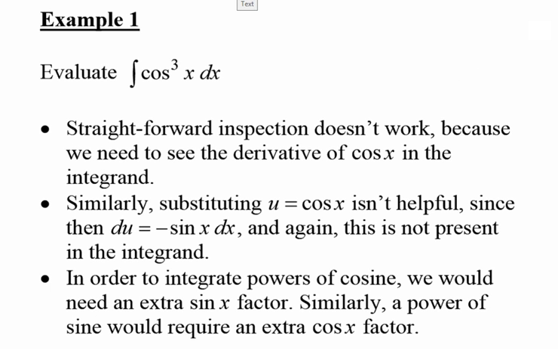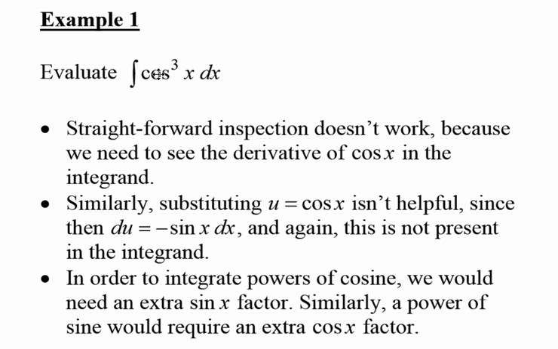Now in this example it says you want to evaluate the integral of cos cubed x dx. Now you may try the tools that you already have, like inspection. But it doesn't work, because in order to use inspection you need to see a composite function and you need to see the derivative of the inner function.